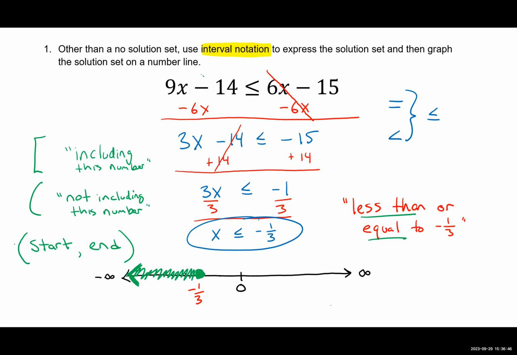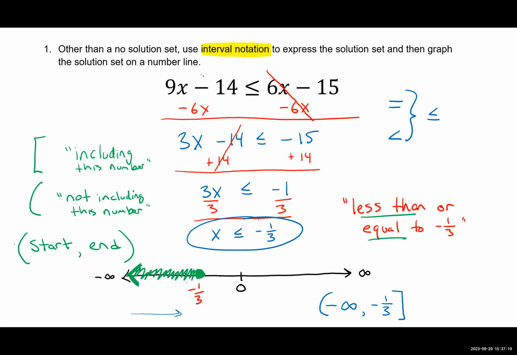So since there's no starting number, we would say, okay, starting with negative infinity, that's not a number. That's more of a concept. So the infinity or negative infinity symbol always gets a curved parenthesis. And then the solution set ends, looking left to right, at the number negative 1/3. And we're going to use a square bracket to say the negative 1/3 is also part of our solution.